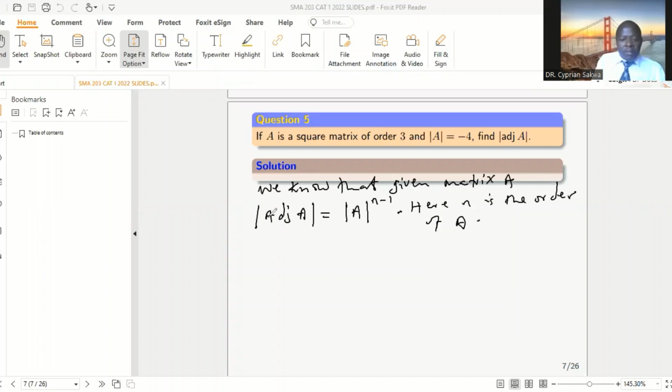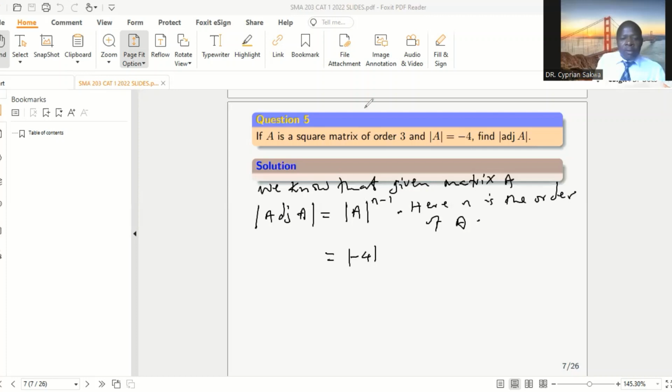So that means if you're given a matrix A, then the determinant of the adjoint will be the same as the determinant of A raised to the order minus 1. In this case, the determinant of A is negative 4.